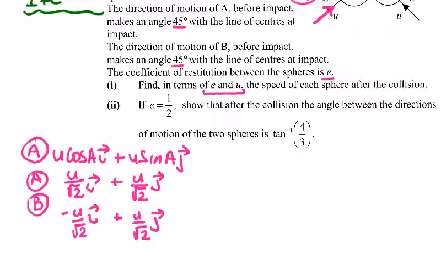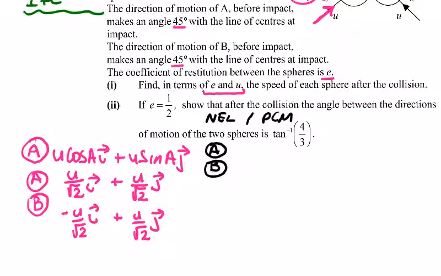Now we know there's no change in the J direction here, so let's apply our Newton's experimental law. Firstly, the principle of conservation of momentum. So let's just write A and B out for what's happening.